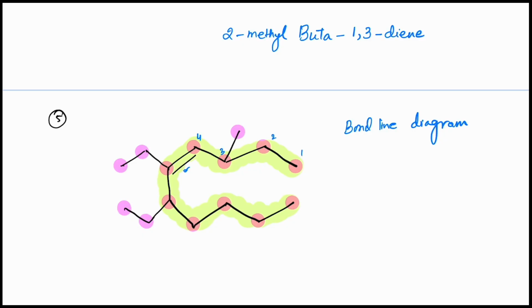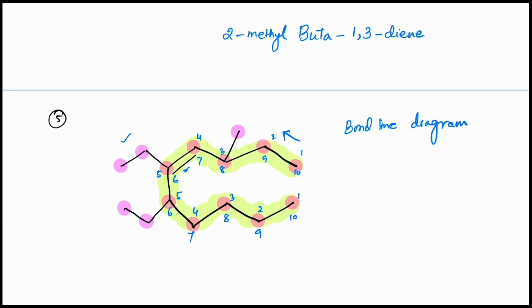So the double bond is at carbon atom 4, 5, 6, 7, 8, 9 and 10. And if you count from the opposite direction, then the double bond will come at carbon atom 6. So therefore we will start naming from this direction.